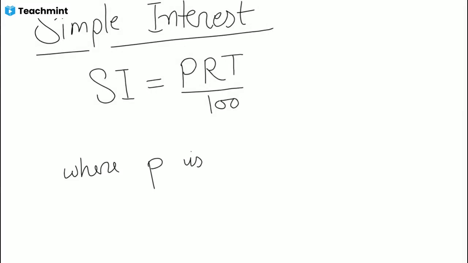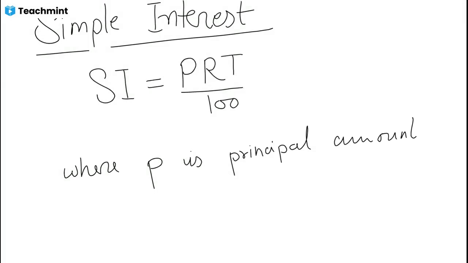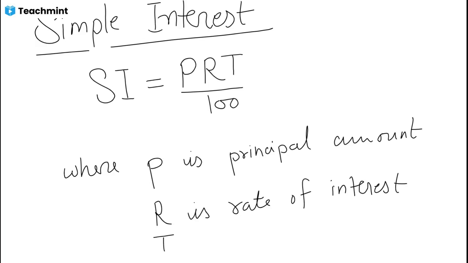Where P is the principal amount, R is the rate of interest, and T is time in years.